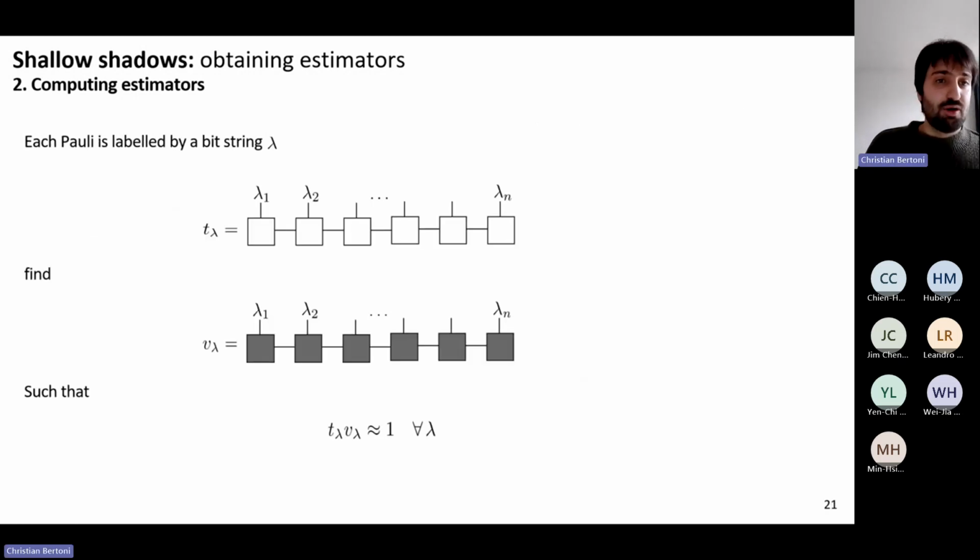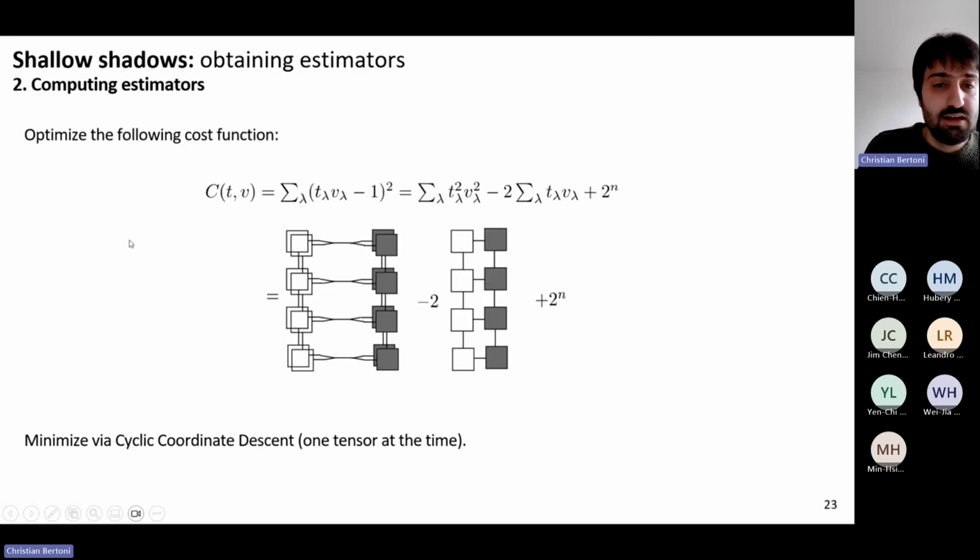Okay, this is the problem, right? If we label each Pauli via some bit string, the eigenvalues of the measurement channel M look like this. It's just some tensor network, and each Pauli corresponds to some upper leg assignment, physical leg assignment.